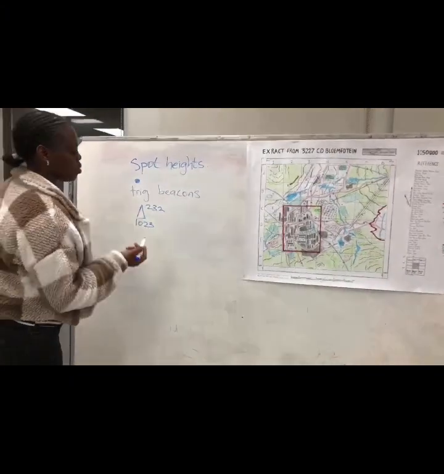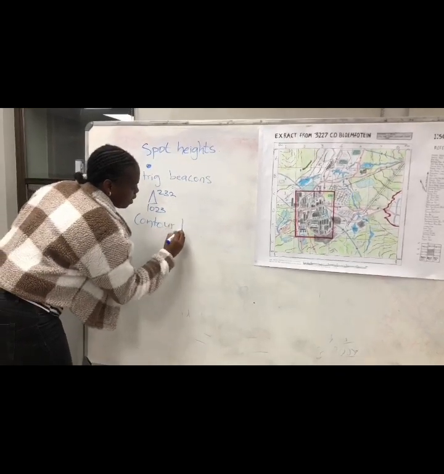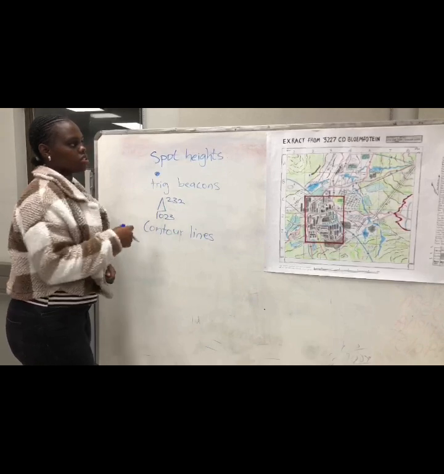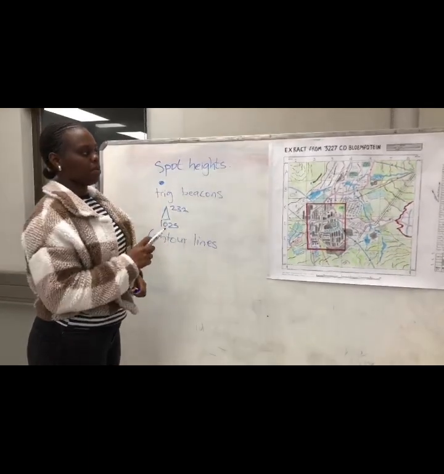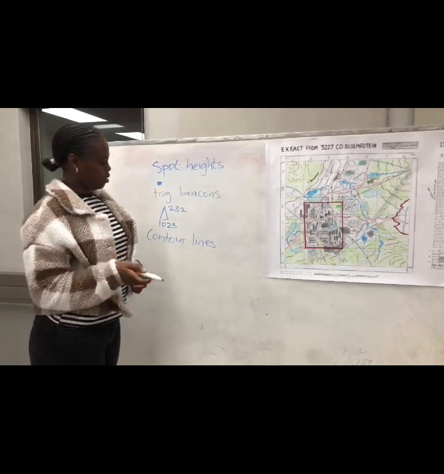Lastly is contour lines. All these features represent heights on the map, which is the elevation of the ground above sea level.